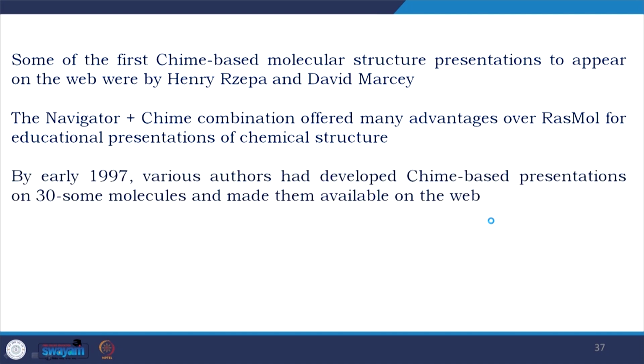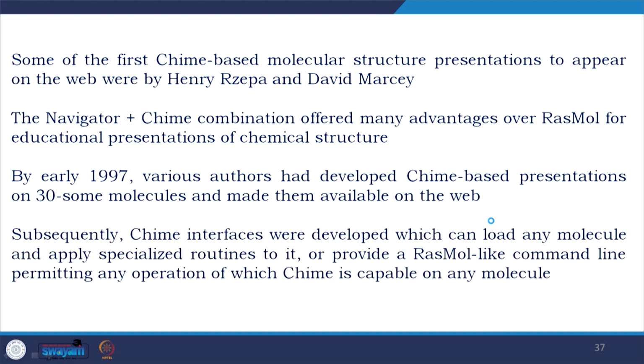By early 1997, various authors had developed KIME based presentations on 30 some molecules and made them available on the web. Subsequently, KIME interfaces were developed which can load any molecule and apply specialized routines to it, or provide a Rasmol like command line permitting any operation of which KIME is capable on any molecule.